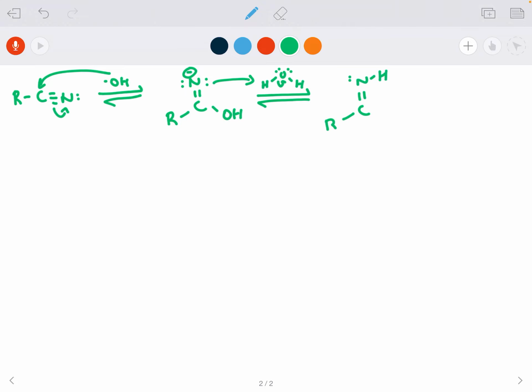And I know you usually don't draw, in organic structures, don't draw the carbon as a C, but I find it the easiest thing to do because of all these different steps with protonations, deprotonations, nucleophilic attacks. I find it easiest to do. So next step, I need to deprotonate the OH group. So hydroxide again, come in, deprotonate.